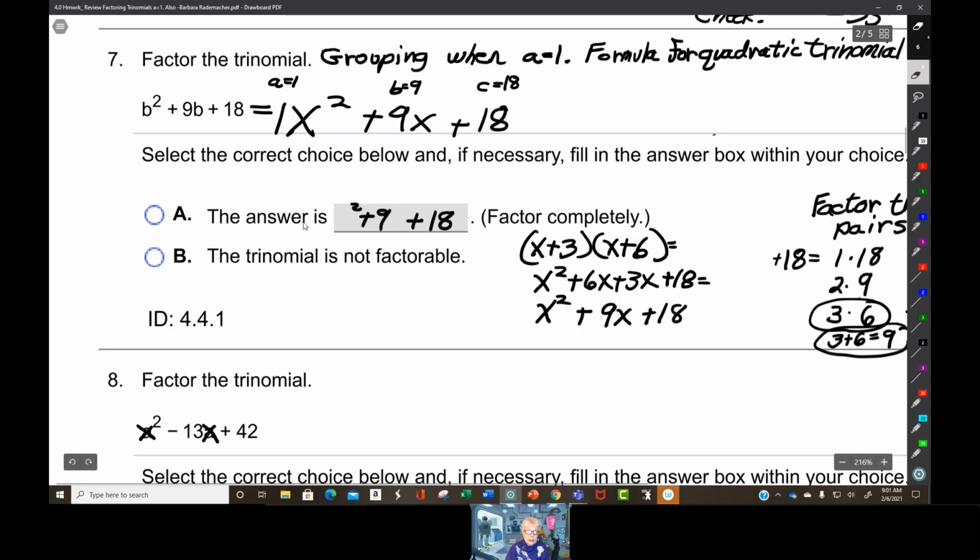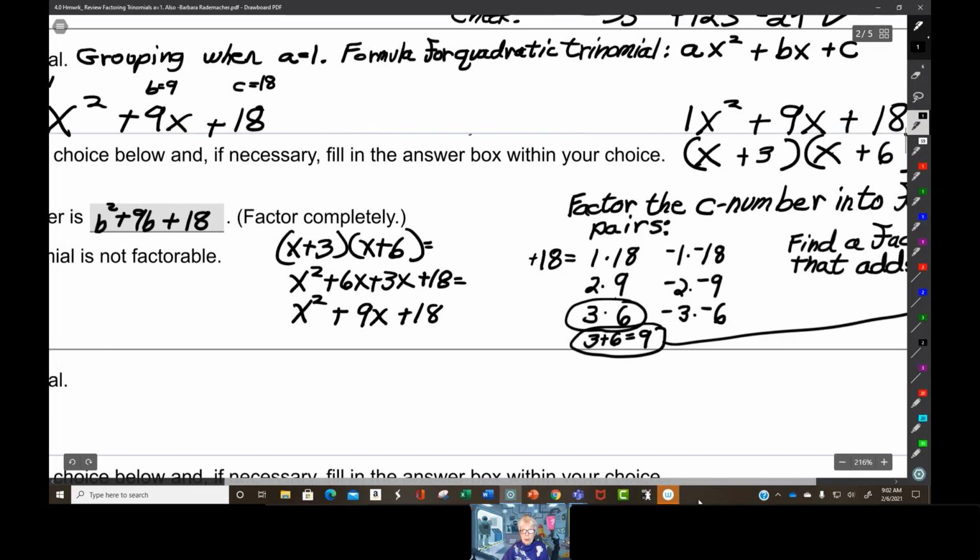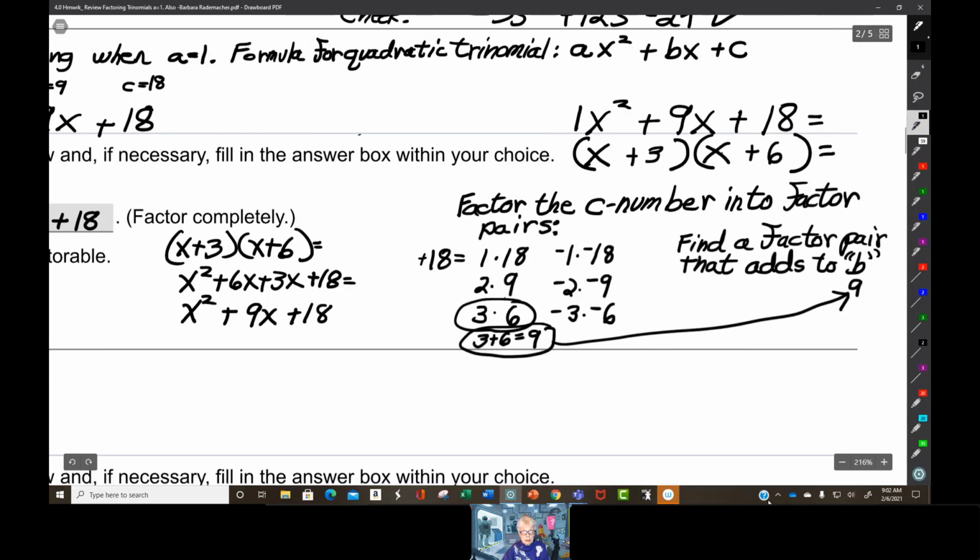I'm going to have to change the letter to B. But I don't approve at all. This B is not the same as the B in our universal formula for a quadratic trinomial. Just so you know.